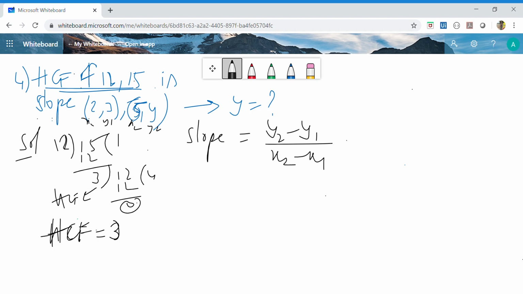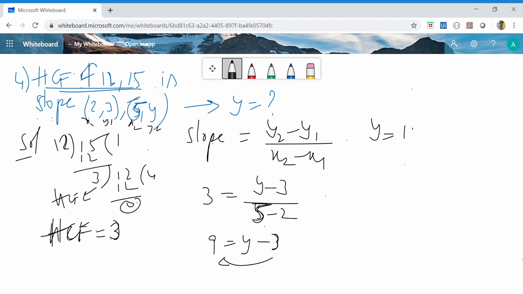HCF of this. Slope how much you got? 3. So 3 is equal to (y minus 3) by (5 minus 2). 5 minus 2 is 3. 3 threes are 9. 9 is equal to y minus 3. And y is equal to, transpose minus 3 to that side, so y is equal to 12.